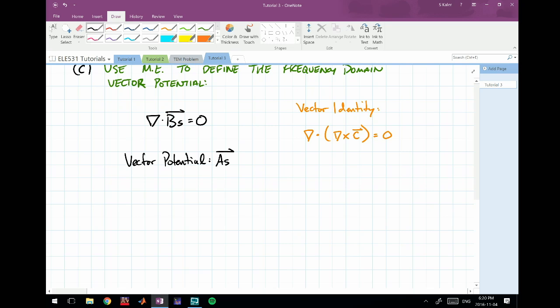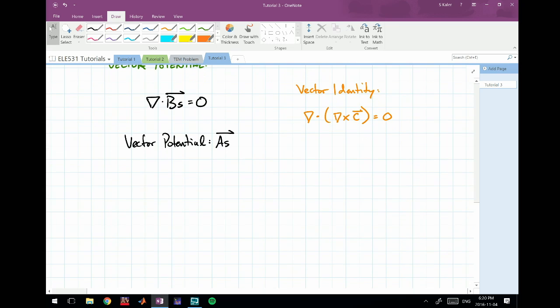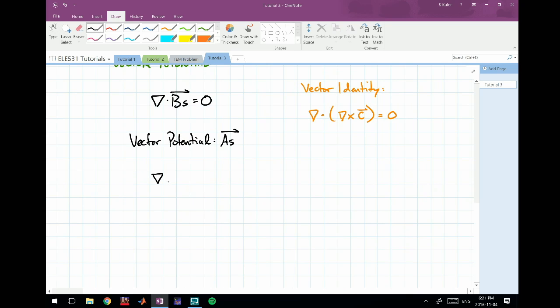So we find the vector potential and then go to B from it. The relationship is that we define the curl of AS, so this is the relationship between B and A. We take the curl of A to get to B.